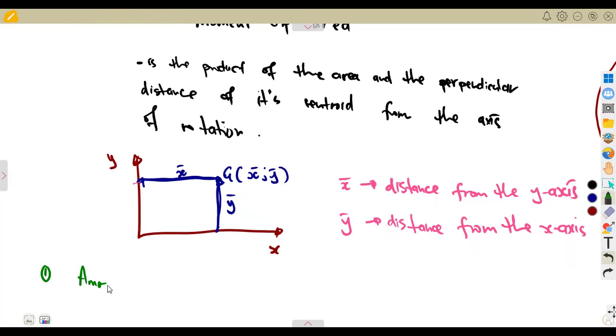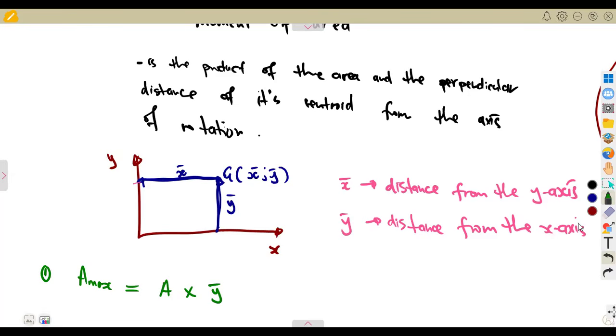We are going to see that the area moment about the x-axis is going to be the product of the area times the perpendicular distance of each centroid from the axis of rotation, from the x-axis. So from the x-axis, which one are we considering? It's y bar. So meaning to say the area moment is going to be taken as area times y bar for the x-axis.